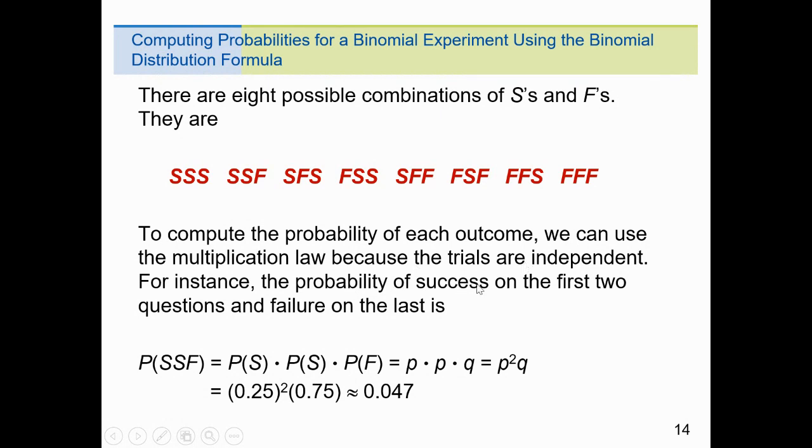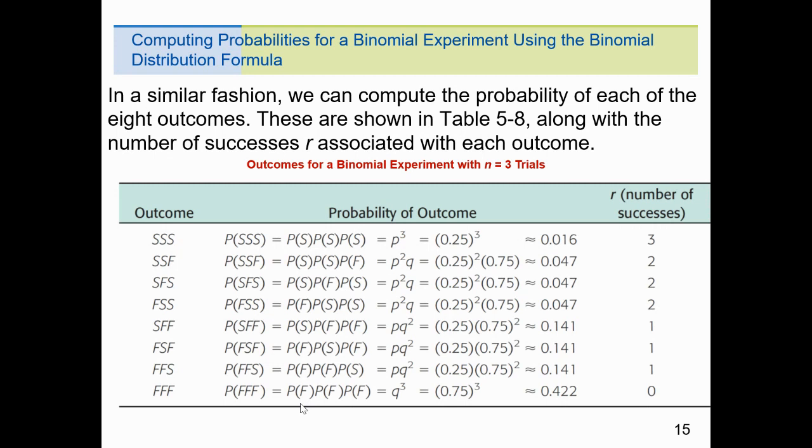For instance, the probability of a success on the first 2 questions and a failure on the last is P times P times Q, better known as P squared times Q. If P is 0.25, that's 0.25 squared times 0.75, which is approximately 0.017. Now, the idea is there are 3 different ways that you can get 2 successes and a failure.